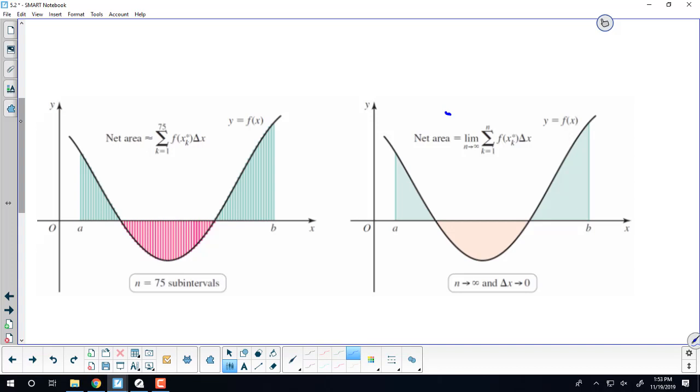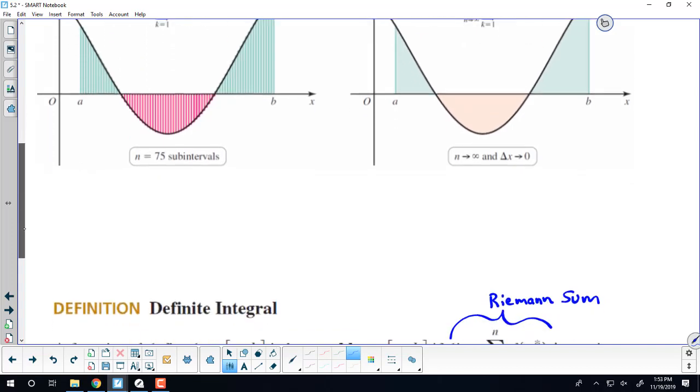It's pretty much 0, right? Because to fit more and more rectangles in this region, they have to be slimmer and slimmer. So saying n approaching infinity and the width of each rectangle approaching 0 is the same statement. If I'm filling a region up with infinitely many rectangles, then they have to be virtually 0 in thickness.